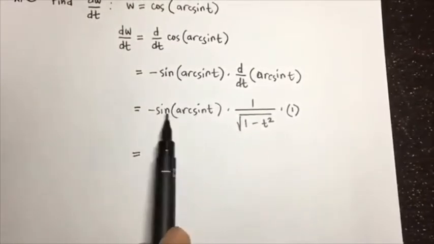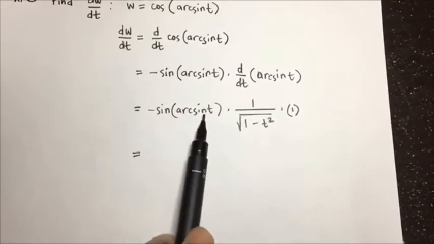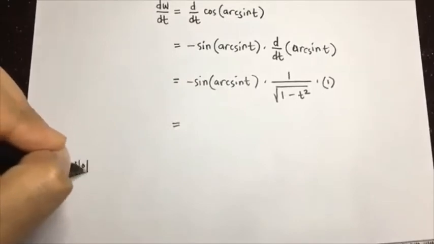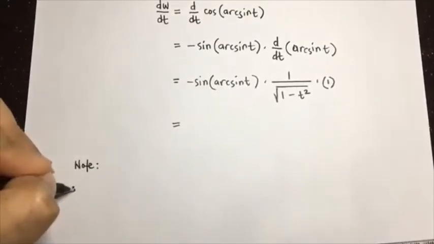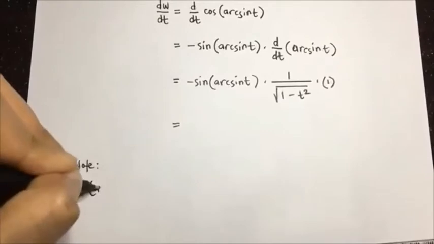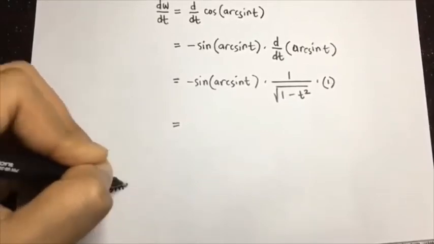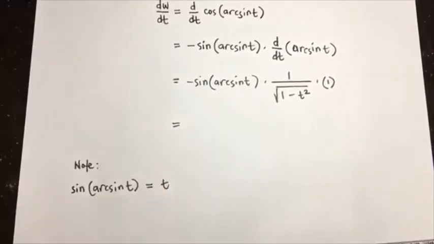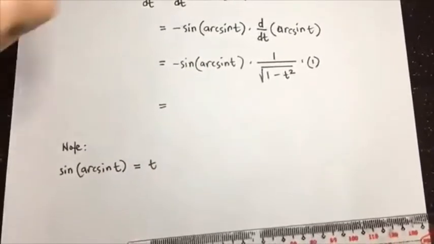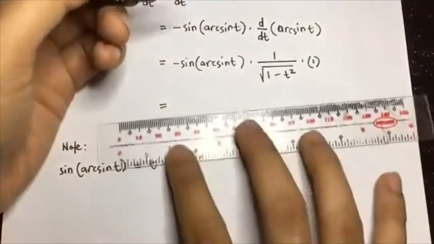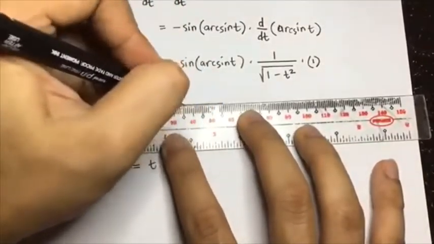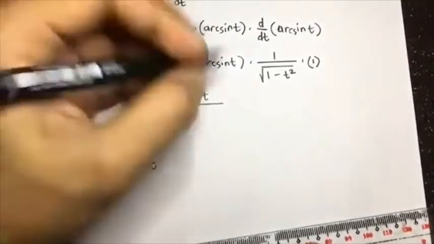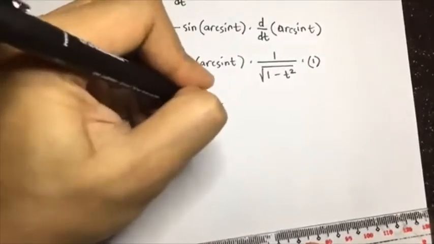take note, here we have sine of arc sine of t. Okay, so we have to note that sine of arc sine of t is equal to t. Okay, so therefore we'll have negative t over square root of 1 minus t squared.